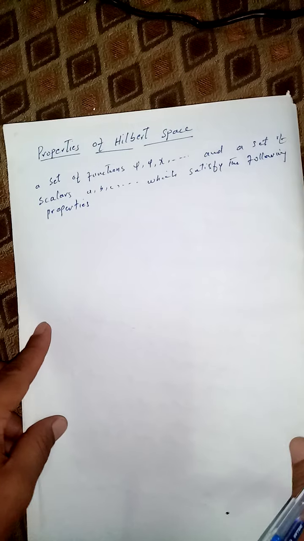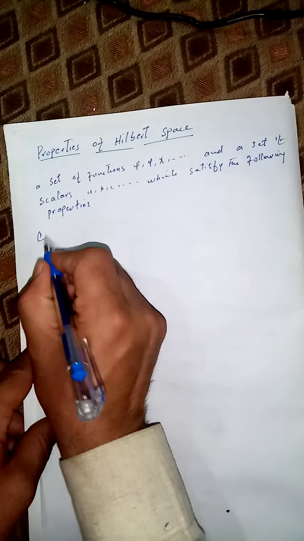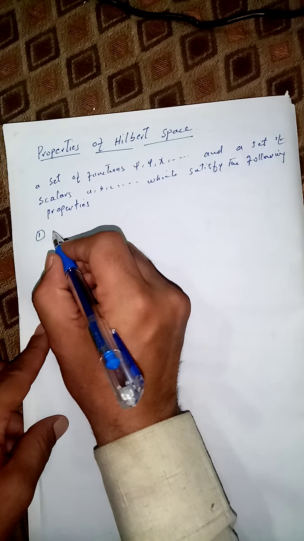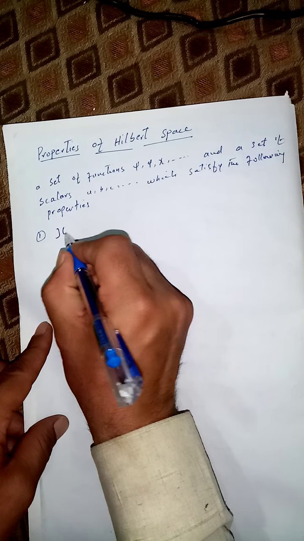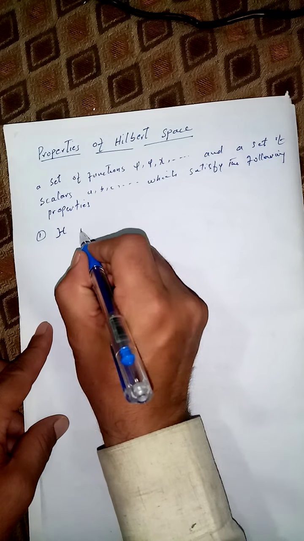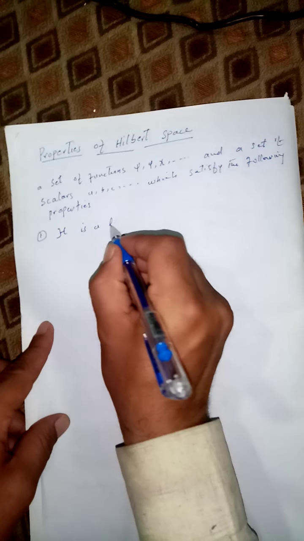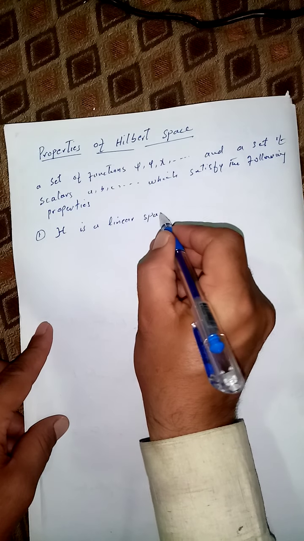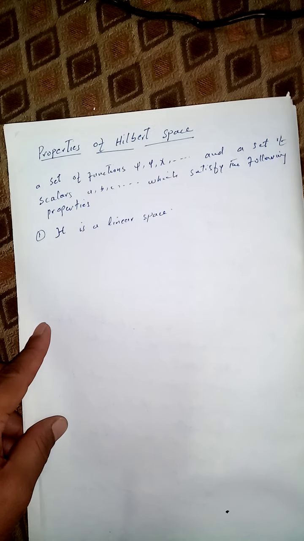The first property is, we represent the Hilbert space by H. Okay, the first property is the Hilbert space is a linear space. What it means?